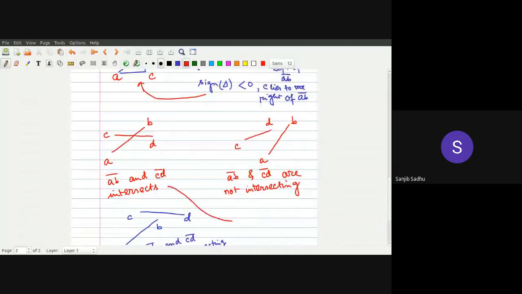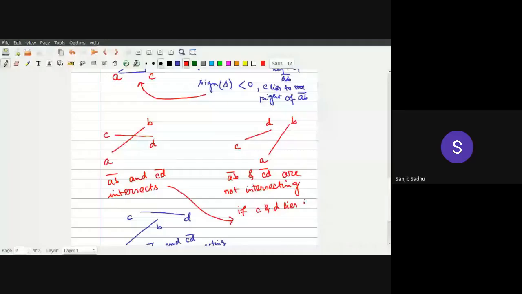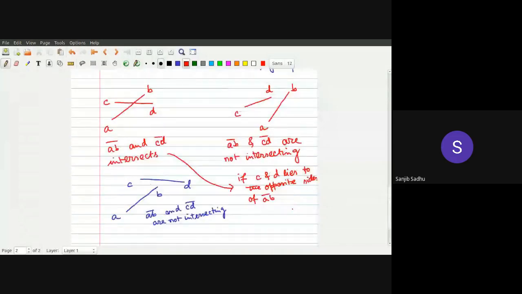Okay, I am writing: if C and D lie on the opposite sides of AB, and also points A and B lie on the opposite sides of CD, then only they are intersecting.